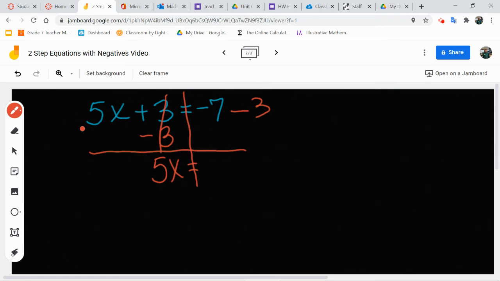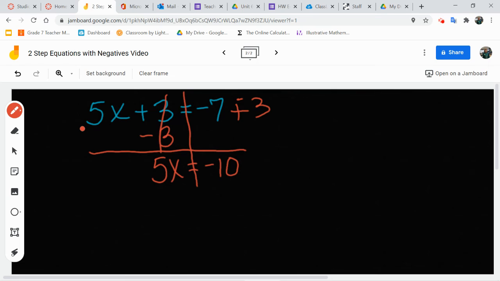We don't subtract. Remember, we add the opposite. So we're going to cross the line, change the sign, follow our add rules. Same signs. It's the only time you can add integers. So they have the same sign. We keep that sign and add the numbers together because they're both going to the left on the number line. So we're left with 5 times x equals negative 10.